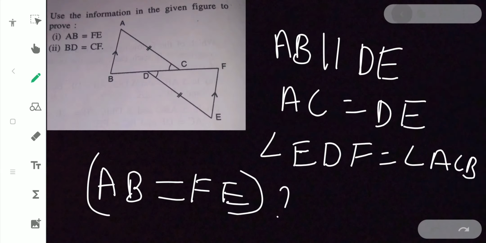And what else is given? We don't have any other information available to us except AB is parallel to FE. So we have to pick up the equality or the congruent parts using these parallel lines. So when two parallel lines are there, you have a transversal and you have alternate angles.